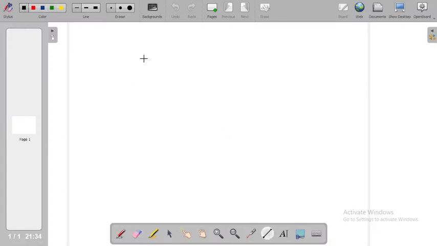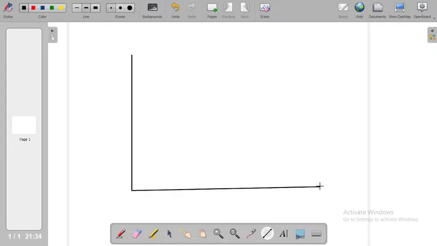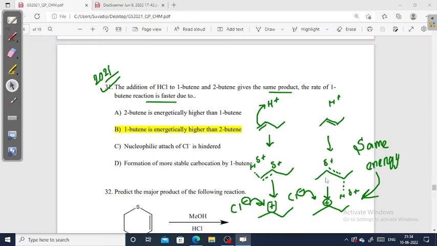Here it is, and here it will be the reaction coordinate, and this will be the energy. We have the same intermediate, or the same energy transition state. Let us suppose this is the energy of the transition state, which contains electron deficiency at carbon number 2 in both cases.